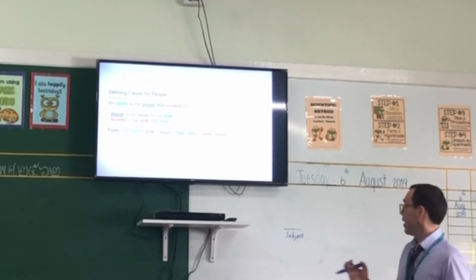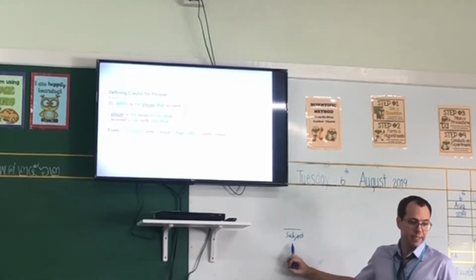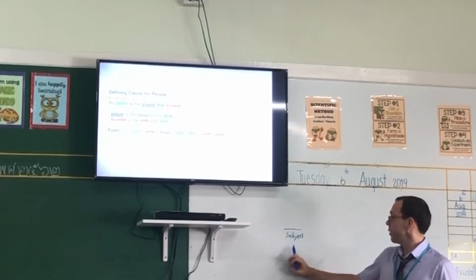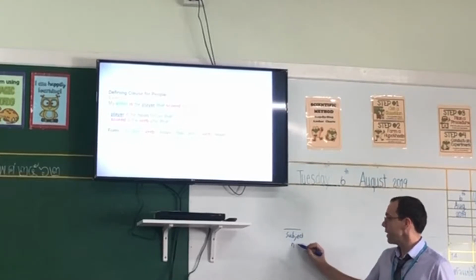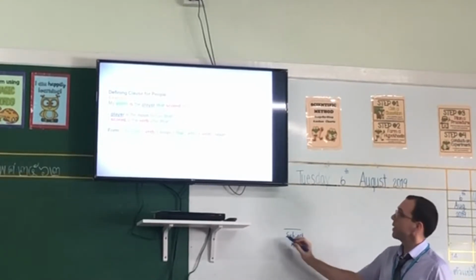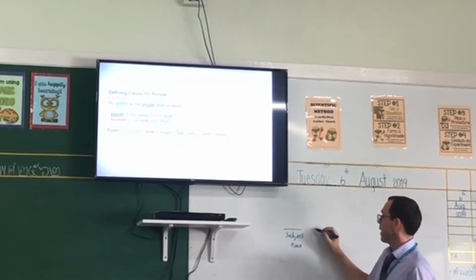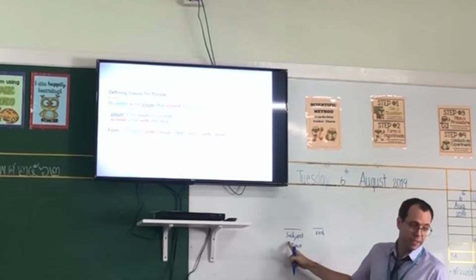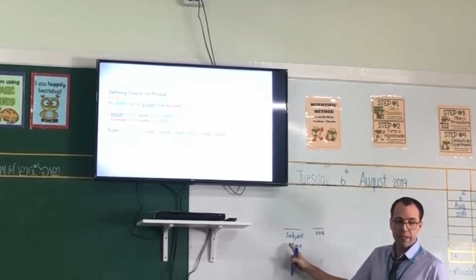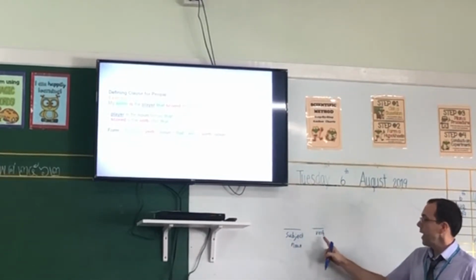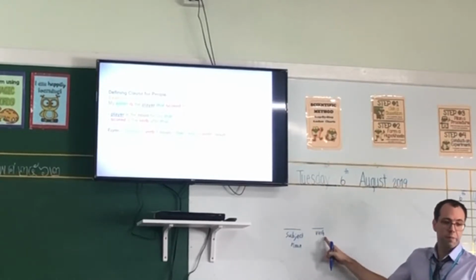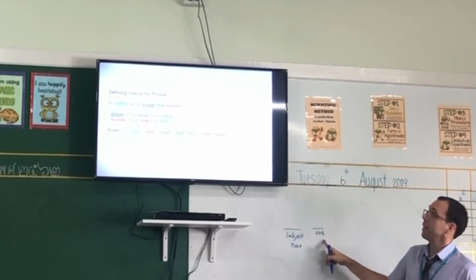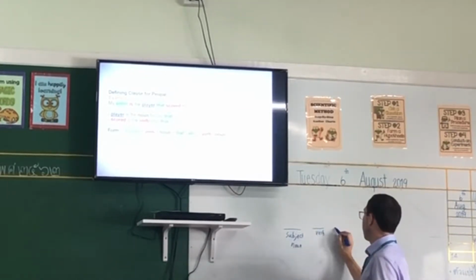A noun. But the subject is what the sentence is about, right? And it's usually followed by a verb, right? So remember, you might not always have the subject from the beginning. That's why you need to learn to identify it, right? And then the subject is usually followed by what? Verb, right? And then we have the noun.